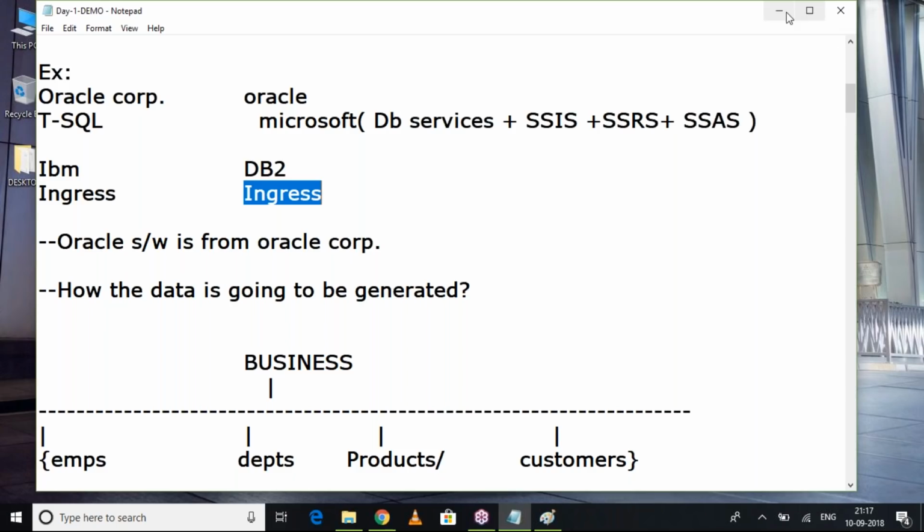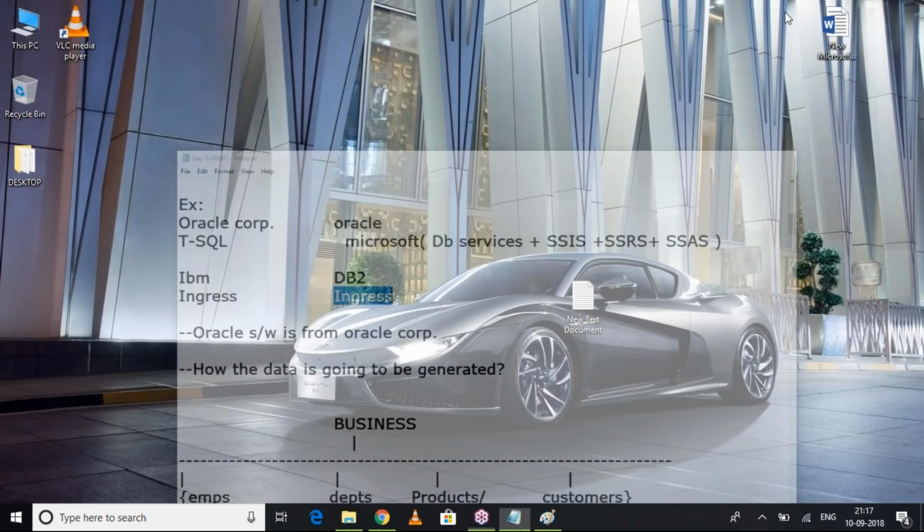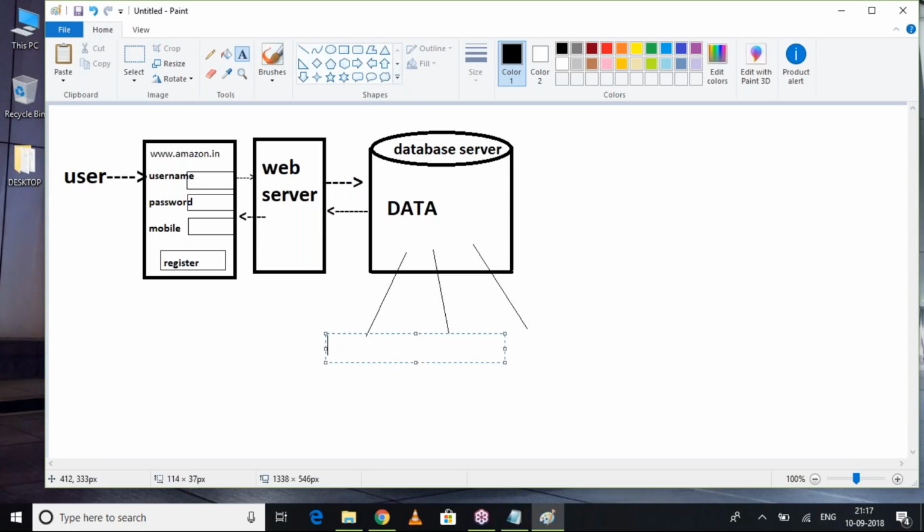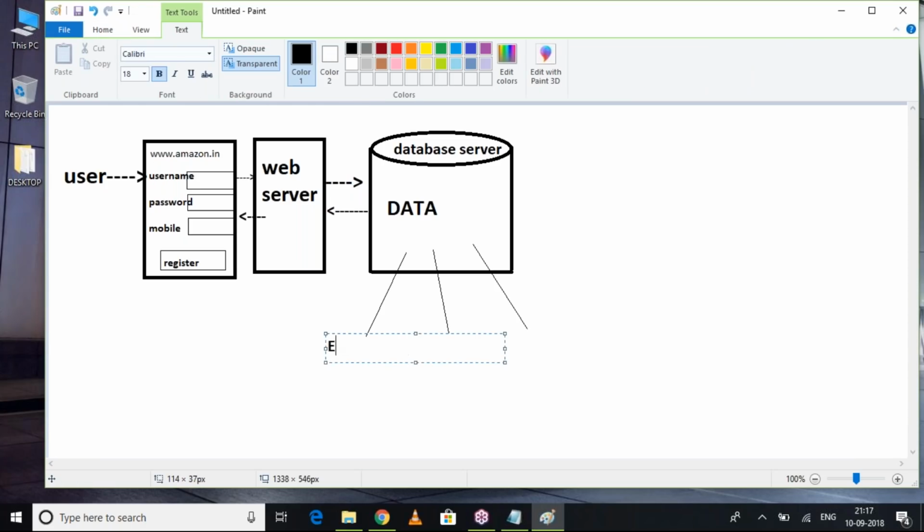Okay, let me take. I have a database. What is the use of database? Majorly, there are three reasons why I am maintaining a database. See, the database purpose, three uses of database. What is that? We can enter data into the database.